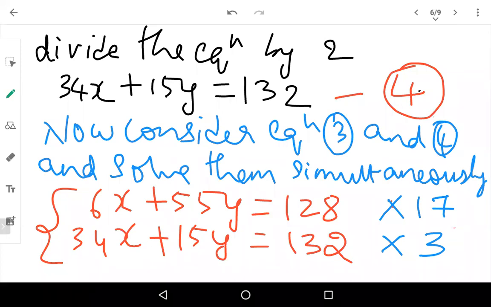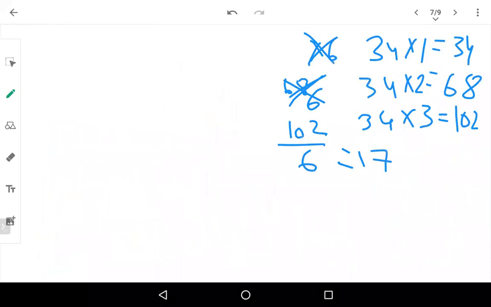Everybody understood? I'll repeat it again. So we have equation 3 and equation 4. Check the bigger number, that is 34. Check the tables of the bigger number. Find out the number so that it is divisible by 34 as well as the other number 6. Here ones, twos did not work out.